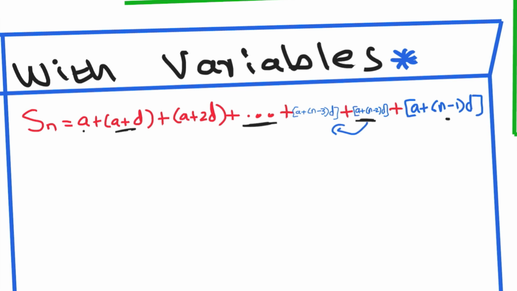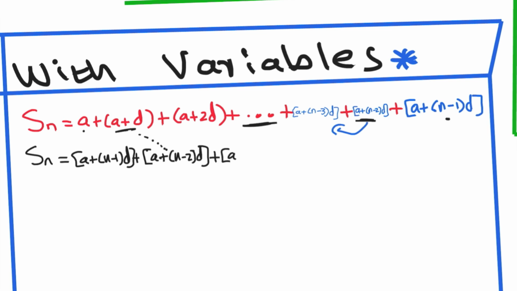So let me just write the second Sn. When I'm starting with the last term, it's going to be a plus n minus 1 into d. Then I close. Then plus, the second last is a plus n minus 2 into d. Remember, these are in alignment. And then the third is a plus n minus 3 into d.